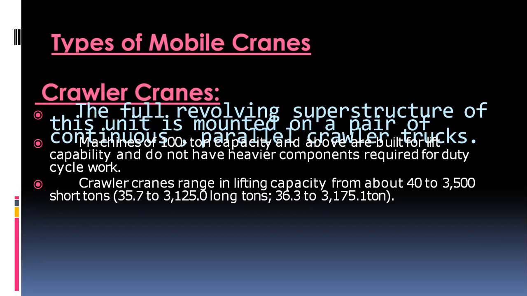Machines of 100-ton capacity and above are built for lift capability and do not have the heavier components required for duty cycle work. Crawler cranes range in lifting capacity from about 40 to 3,500 short tons, which is 35.72 long tons, and 36.3 to 3,175 metric tons.